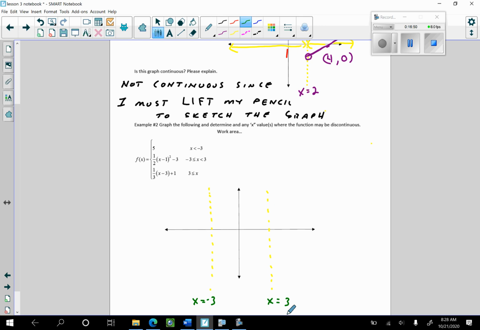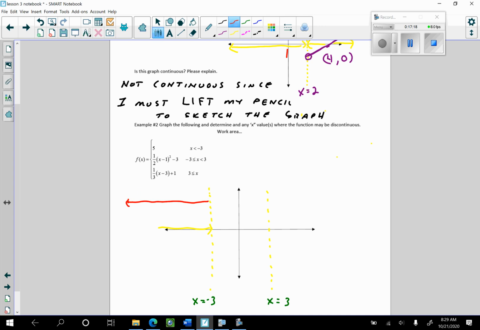Oh. Sometimes the easiest pieces are the hardest to do. This top piece, what is this top piece? When x is less than -3, what is that top piece? It's just 5. The output is always 5. The function value is always 5. So I'm going to come over here and sketch a line at y equals 5.